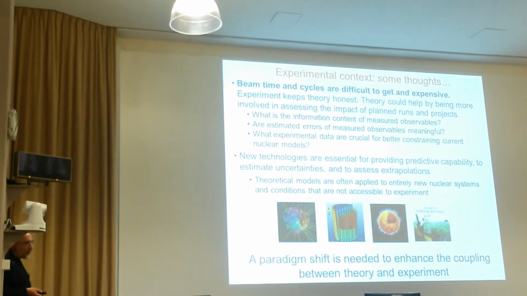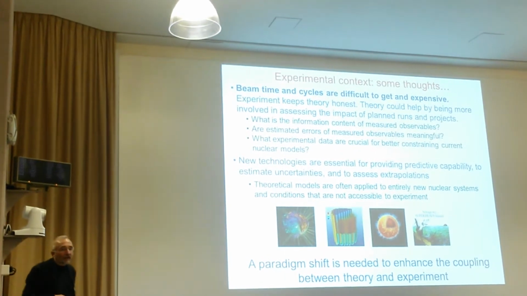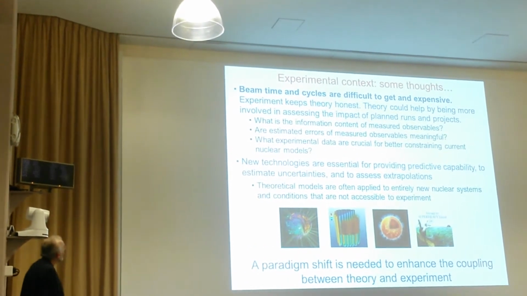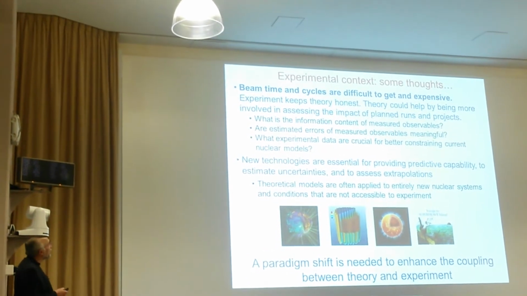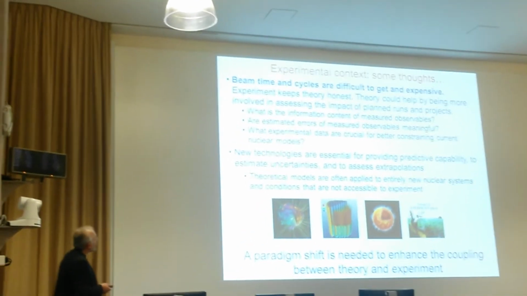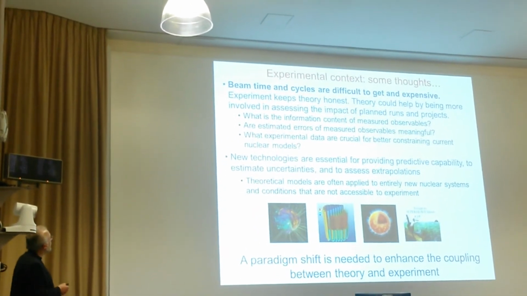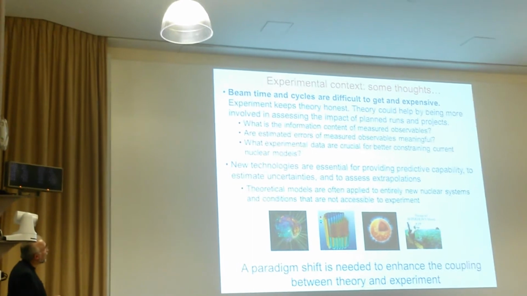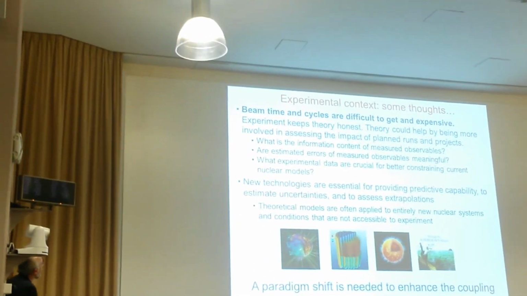So some thoughts related to this cycle between experiment and theory. So beam time and cycles are difficult to get and expensive. Okay? So experiment keeps theory honest, and theory could help by being more involved in assessing the impact of planned runs and projects. Okay?